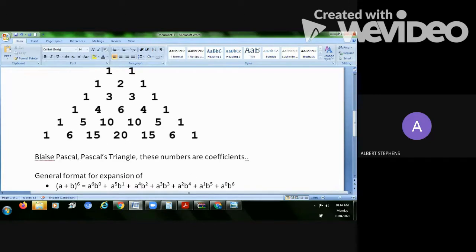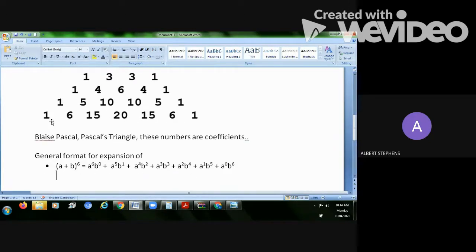At the bottom one, you put 1, then 6, then 15, then 20, then 15, then 6, then 1. So that's how you use the numbers.